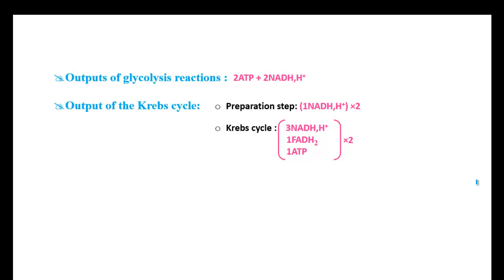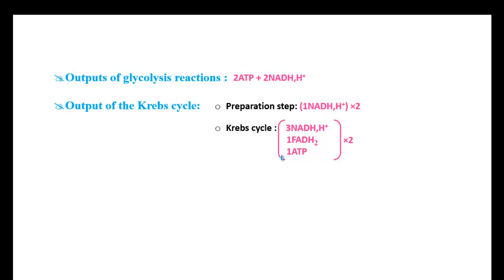If we count all the ATP molecules produced in all these reactions, we find that we've produced only 2 ATP in glycolysis and 2 ATP in the Krebs cycle, so only 4 ATP. But we've produced many electron transport molecules such as NADH and FADH2.